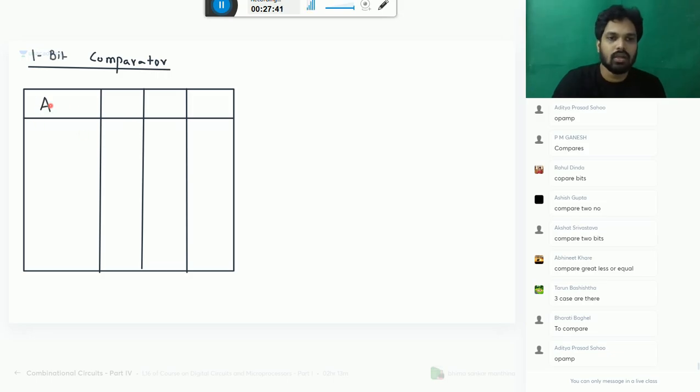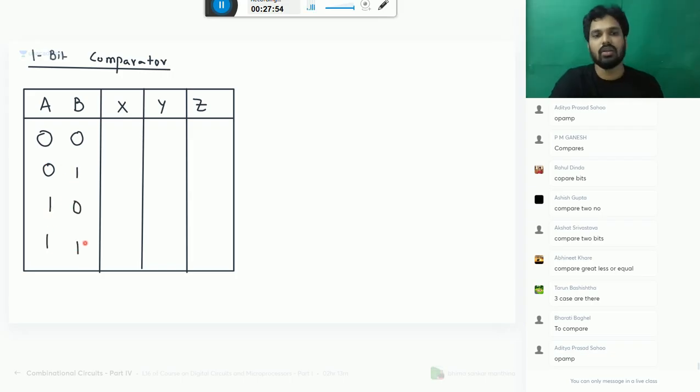A and B, we have X, Y, Z. AB can be 00, 01, 10, 11. Let us assume X will say A greater than B. Y will say A less than B. Z is called the A equal to B condition. Let me fill this table.